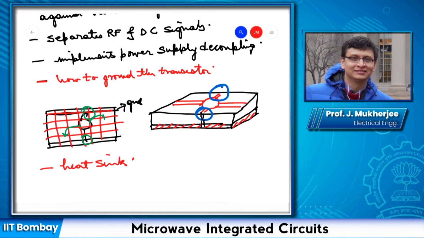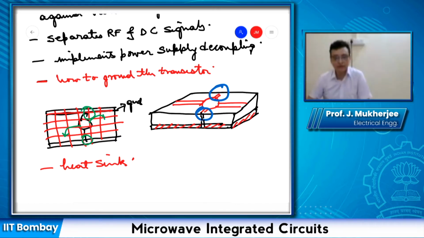So there must be a proper way to sink the heat. Usually the most common way of heat sink design is to just use some metallic vanes which are air cooled. So you sometimes have vanes like this.